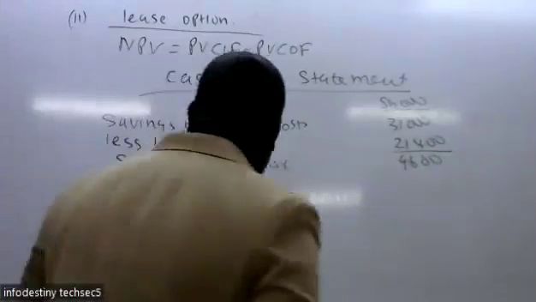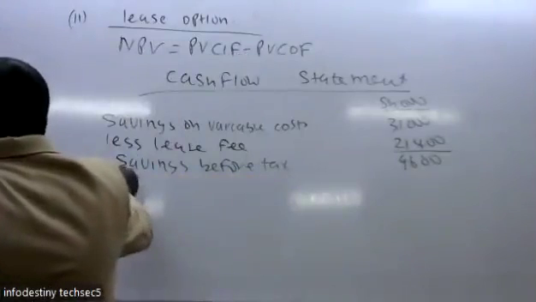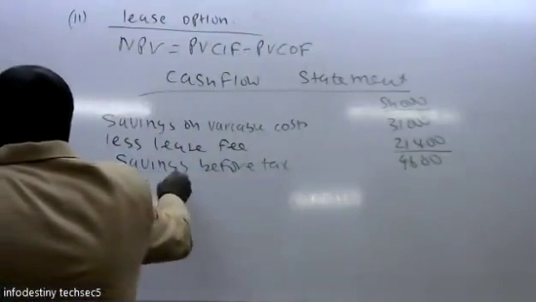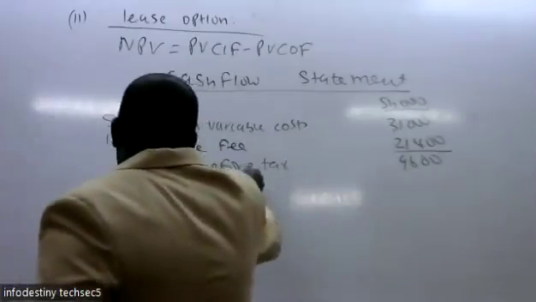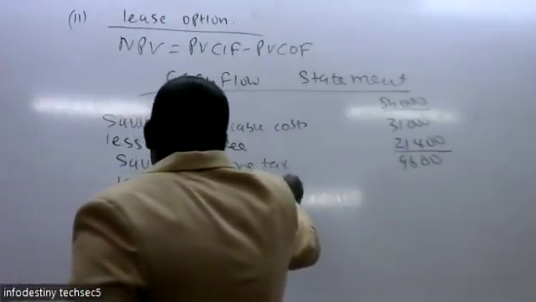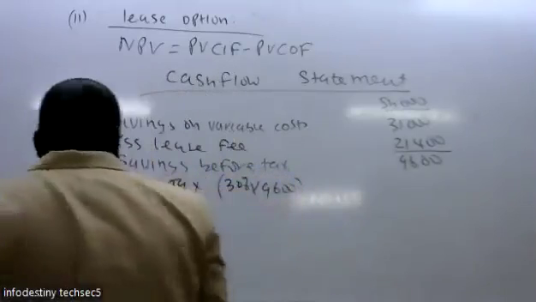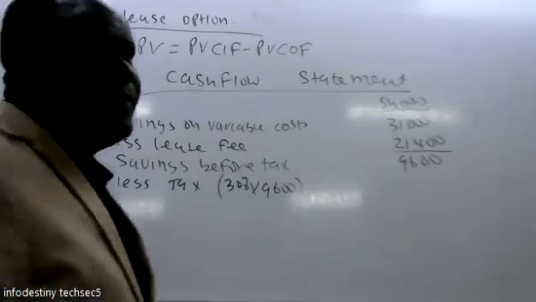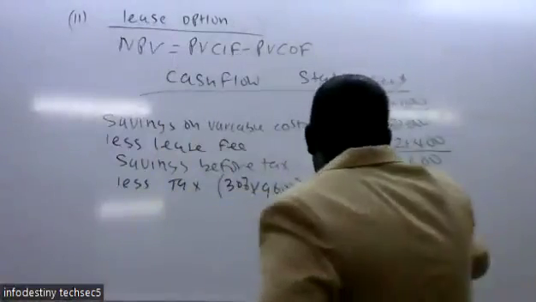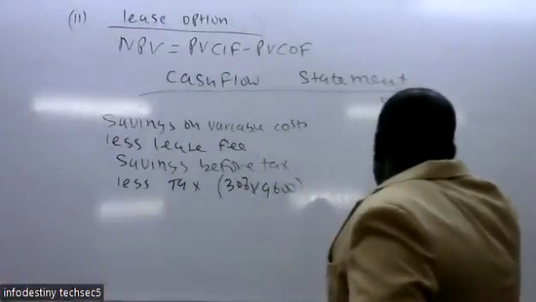Then now we minus the tax. The tax rate should be 30% of the 9,600, which is 2,880.